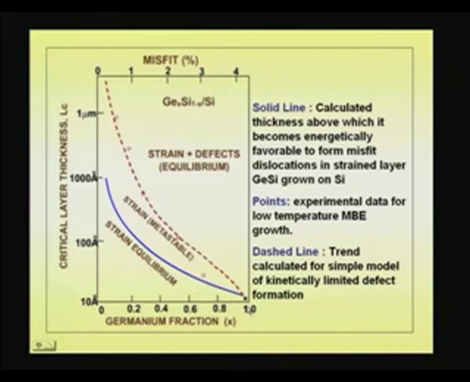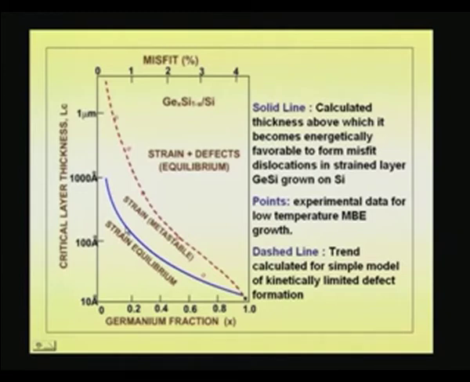For example, I can grow germanium on silicon, but the thickness of layer that you can grow is about 10 angstroms, just maybe 2 atomic layers. But you keep on reducing x, go towards silicon, and you can see I can grow even 1000 angstroms. At x equal to 0.2, 20% germanium, I can grow a defect free layer of about 100 angstroms.